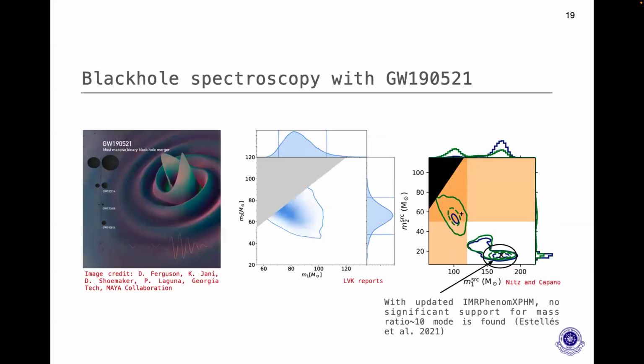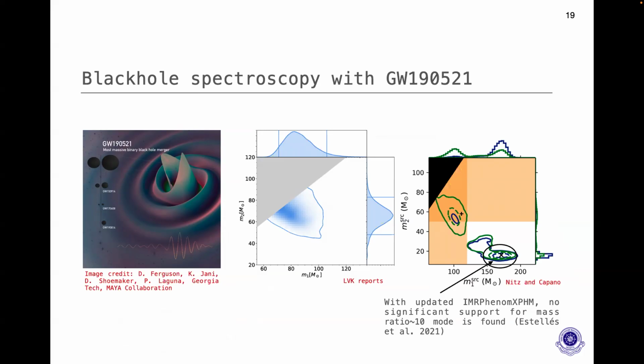And to our surprise, we actually detected one massive event, GW190521, which provides us an opportunity to detect more than one quasi-normal mode. Now, this event is quite controversial, I would say.